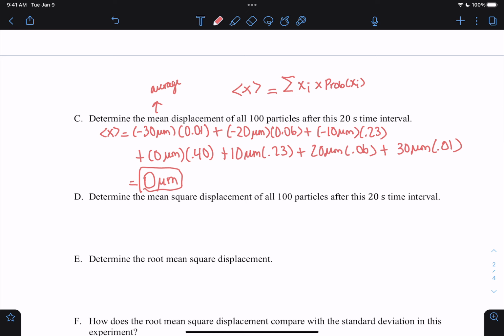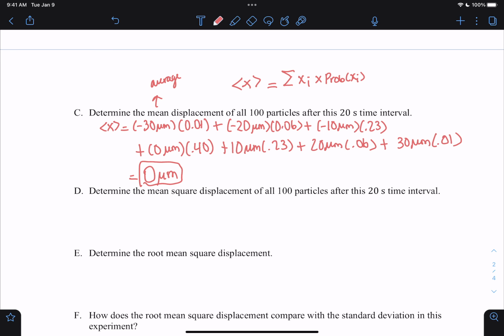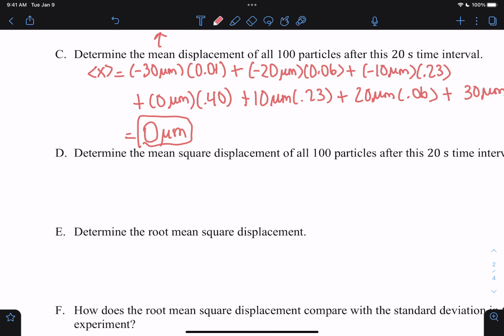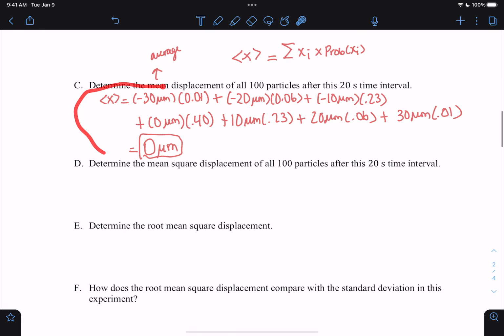Now they want us to figure out the mean square displacement. So mean squared, what is that? Excellent, yeah, so take all those values that we have here and basically do the same thing, except square every single value. So negative 20 squared, negative 10 squared, 0 squared, 10 squared, 20 squared, 30 squared, and so on.